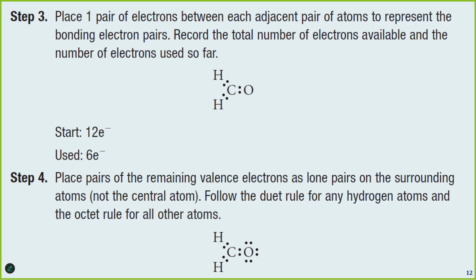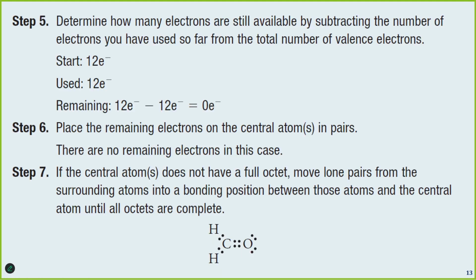Then step 4, place pairs of remaining valence electrons as lone pairs on the surrounding items, not the central item. Follow the duet rule for any hydrogen items and the octet rule for all other items. Then in step 5, we can determine how many electrons are still available by subtracting the number of electrons we have used so far from the total number of valence electrons.